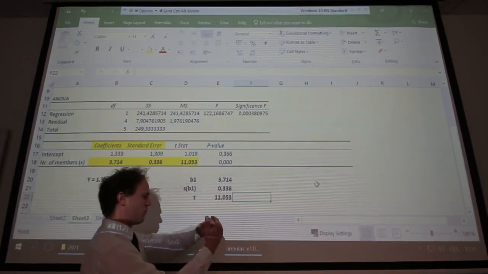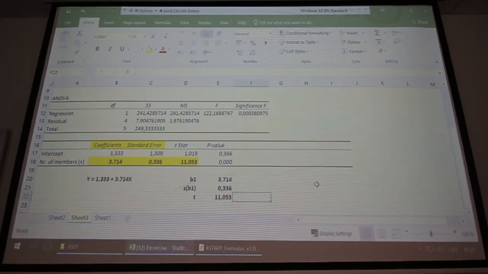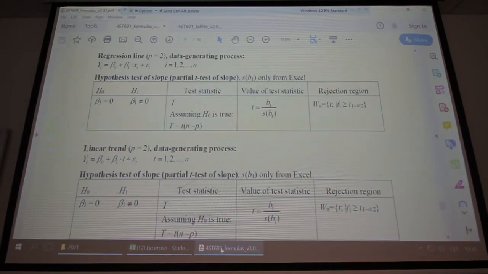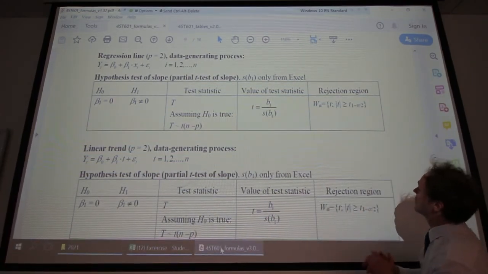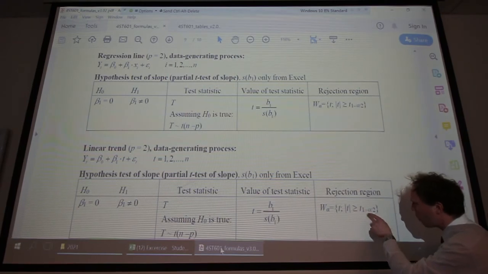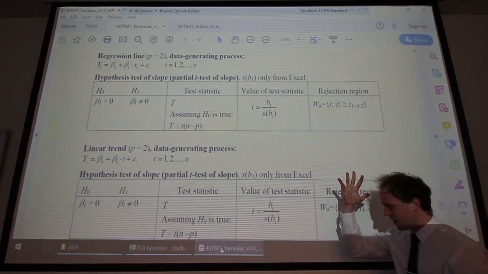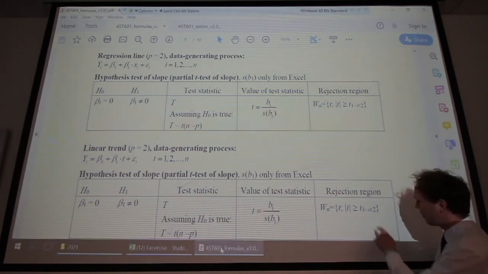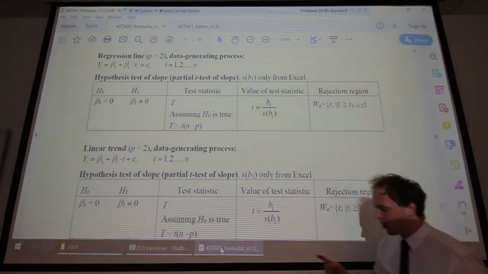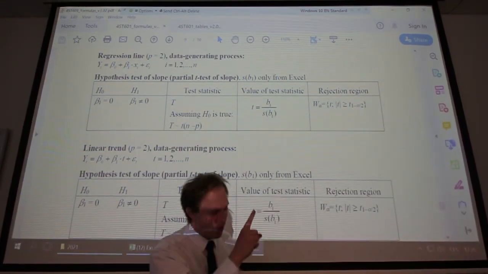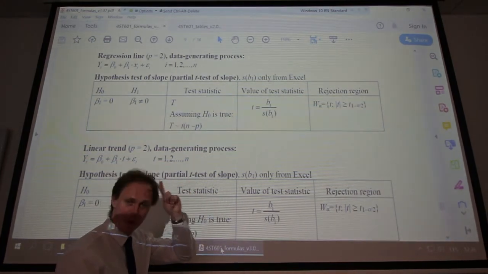And what is important for us now? To compare the t-statistic, the absolute value of the statistic, with t of 1 minus alpha divided by 2. Alpha is 5%, the 5% significance level. So 5% divided by 2 is 2.5%. 100 minus 2.5% is 97.5%.